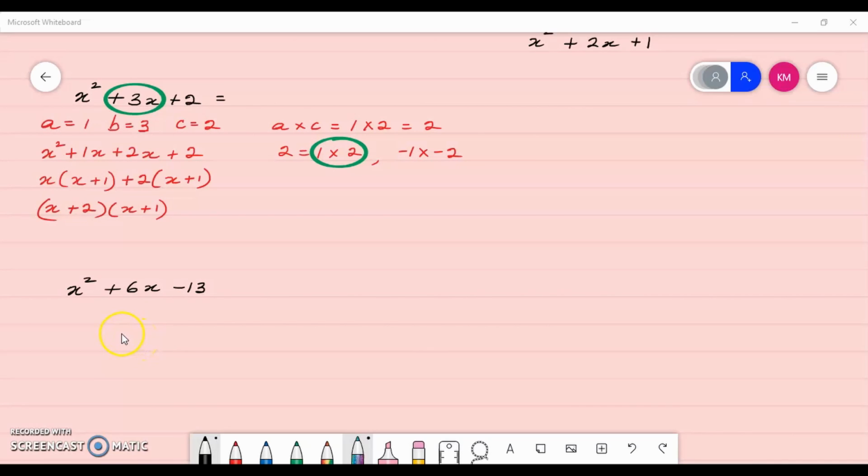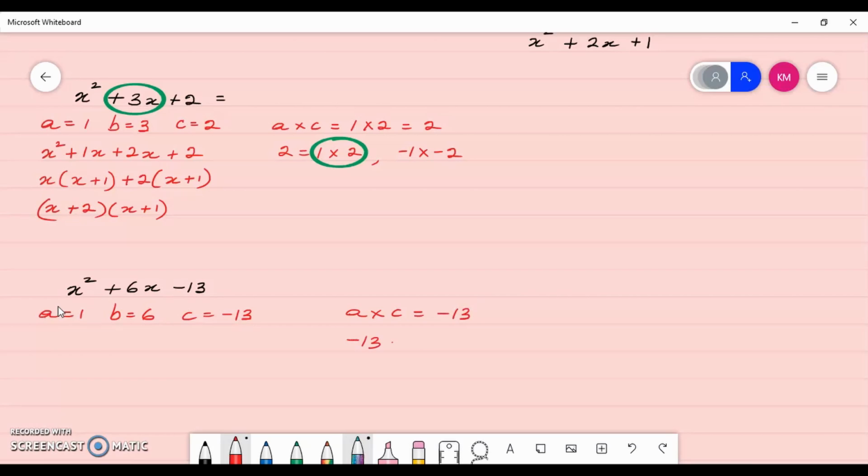But what is going to happen if we have a quadratic expression that looks like this? Let's try to factorize. I have A being 1, B being 6, and C being negative 13. A multiplied by C is going to give negative 13.